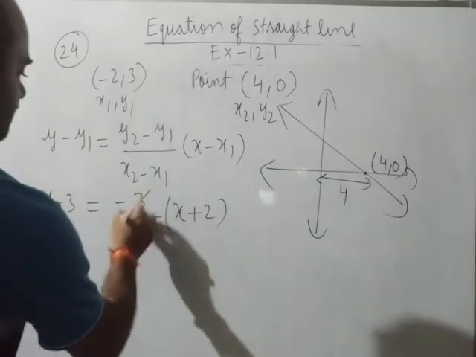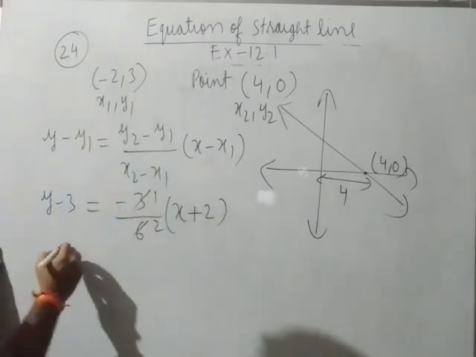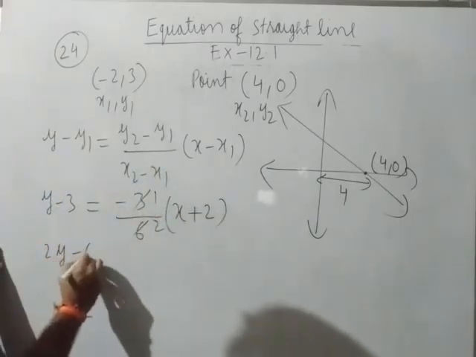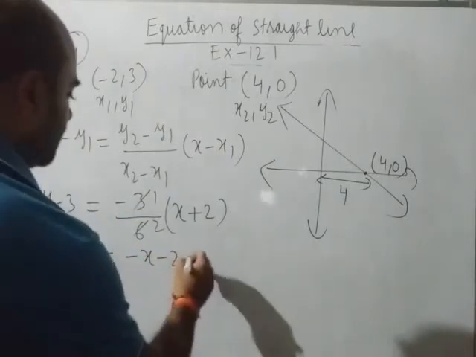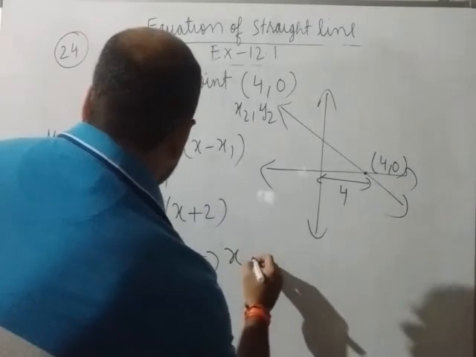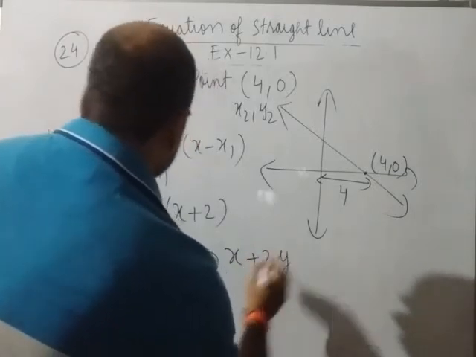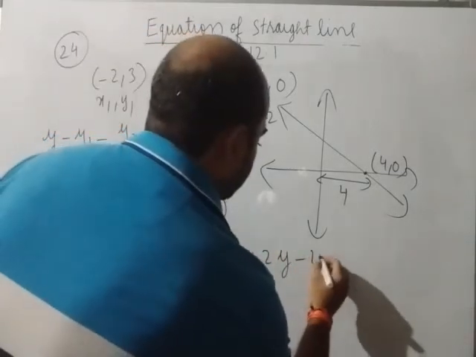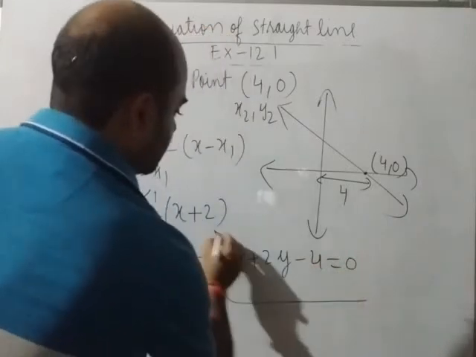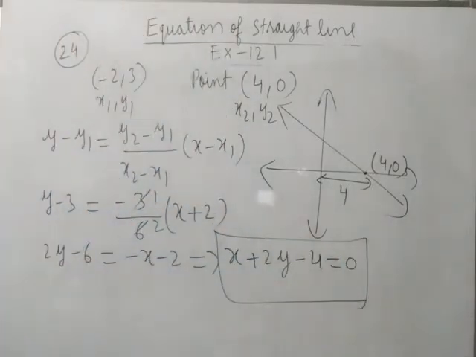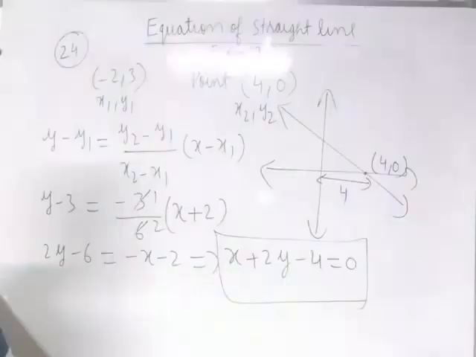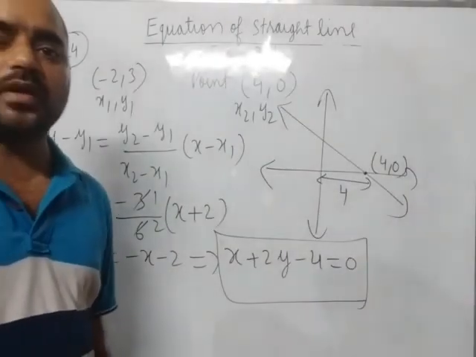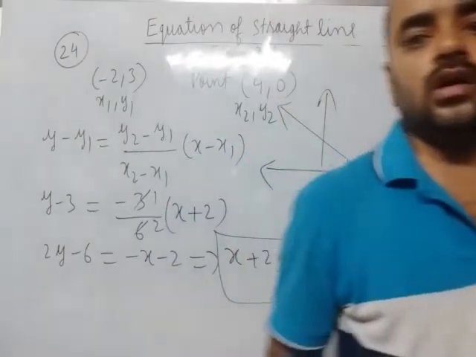Then finally 2y minus 6 is equal to minus x minus 2. Therefore, x plus 2y minus 4 is equal to 0. This is the equation of the line.